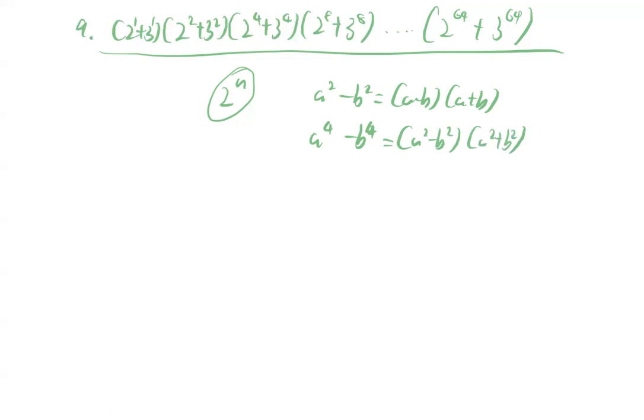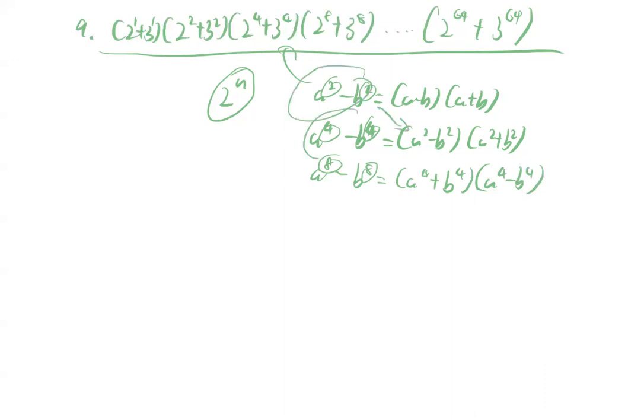We notice that if we keep doing this, we also get the same kind of power we have here. It's also a recursive sequence, because this is here and this is here. So the idea is to multiply the whole thing by 3 minus 2.